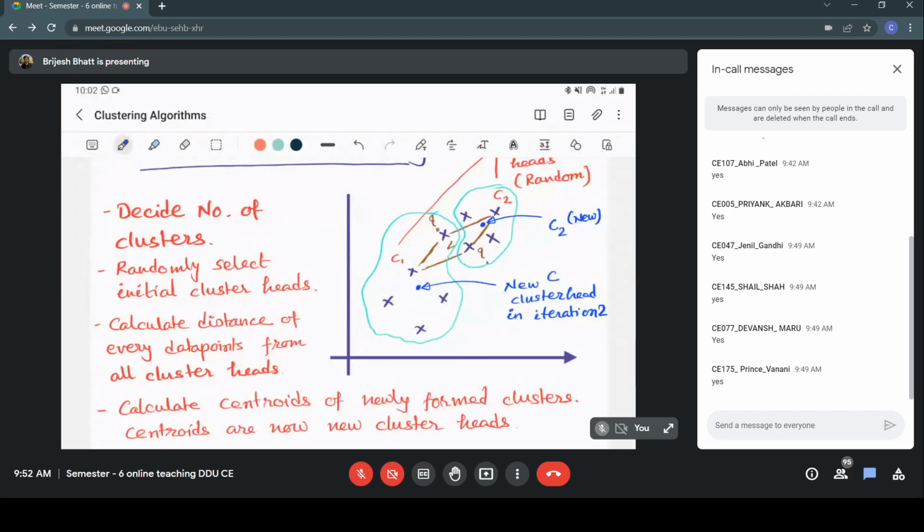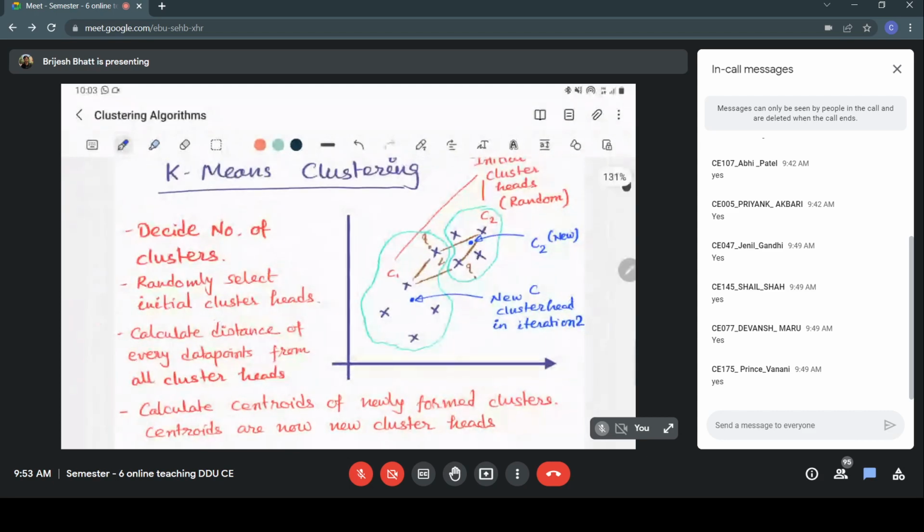And I hope you remember what we did to find these new centroids: we take the average of the values of all data points assigned to that cluster. Right, so now C1 and C2 have shifted. C1 has shifted a bit right. Sorry, C2 has shifted a bit leftwards.